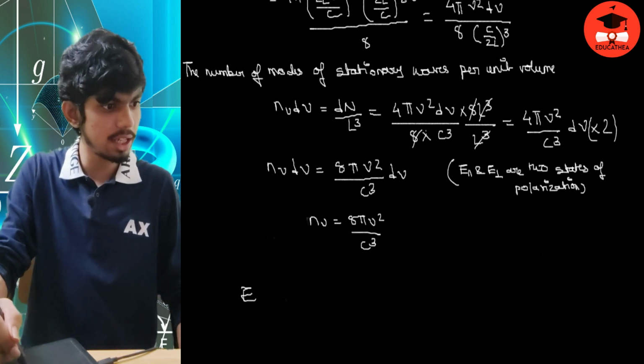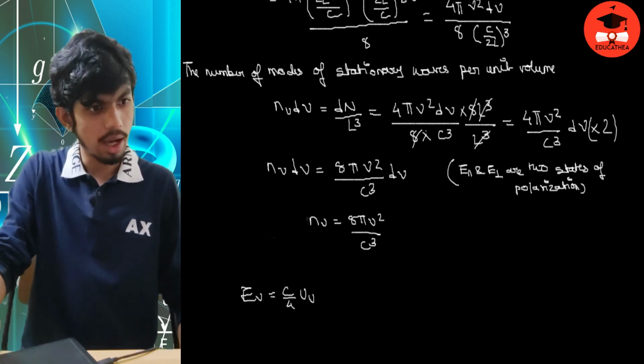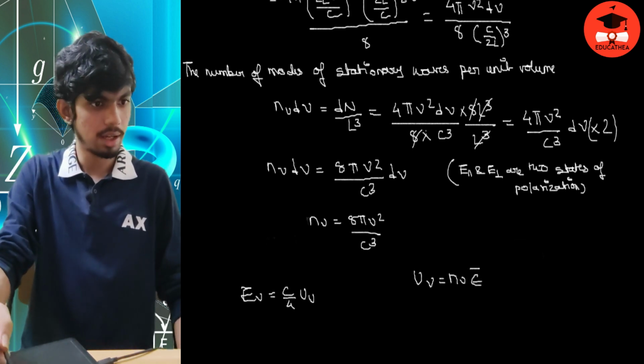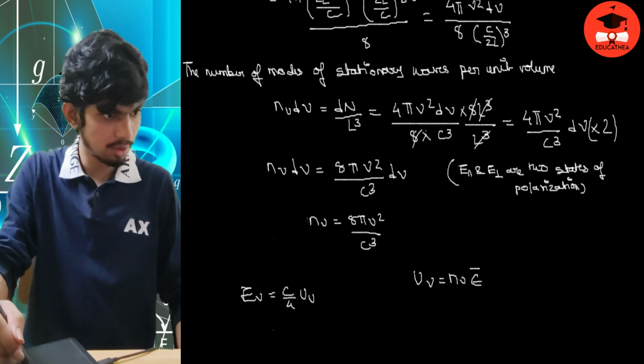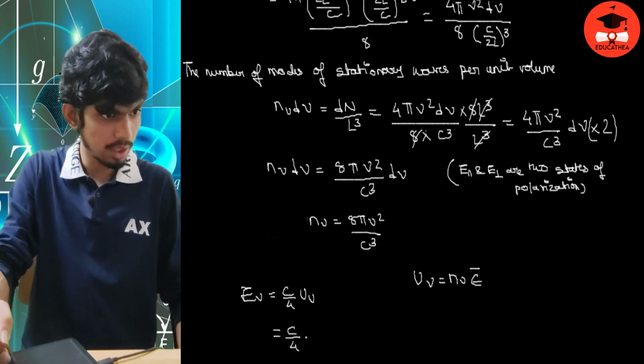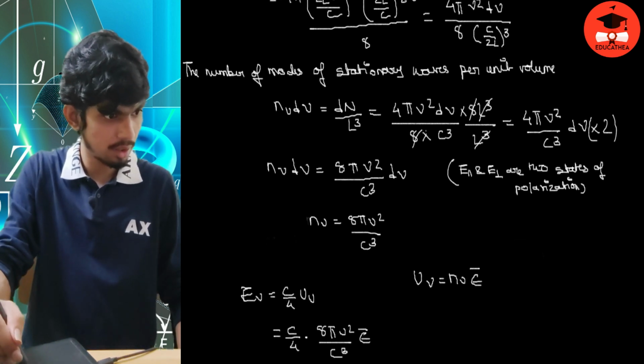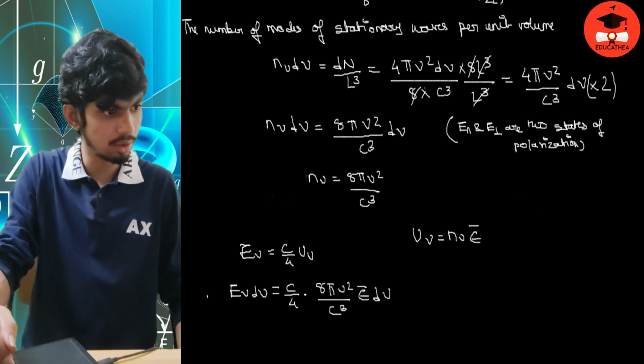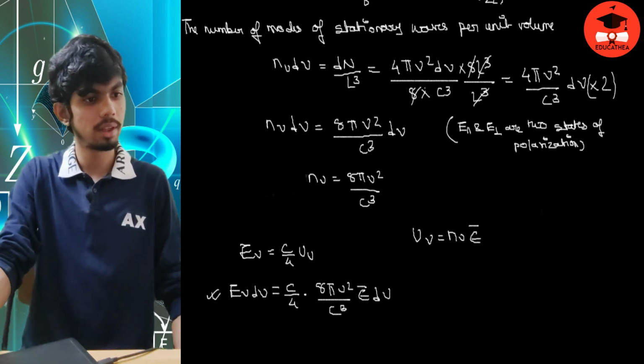Now we already had E nu, which was c by 4 into u nu, and u nu was n nu into epsilon bar, and n nu is this. So this will be c by 4 into 8 pi nu square by c cube into epsilon bar. If you multiply a d nu to both sides, then you will get the distribution of this particular format.